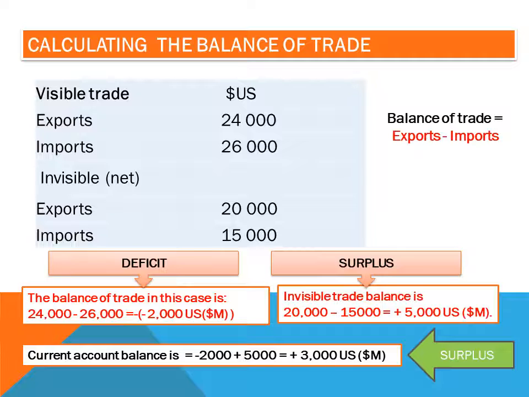So overall, the current account balance, which is based on the sum of your balance of trade and invisible balance of trade, will tell you your current account balance. And in this example, it's a positive number, which is favorable, and you get a surplus, right?